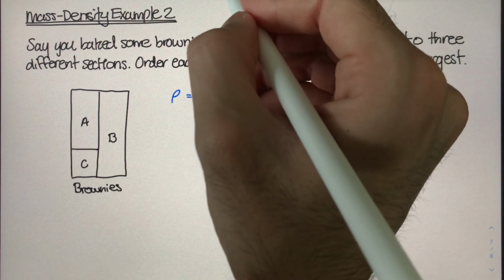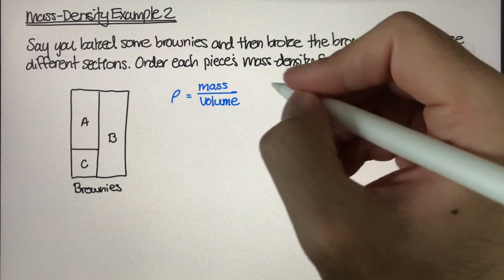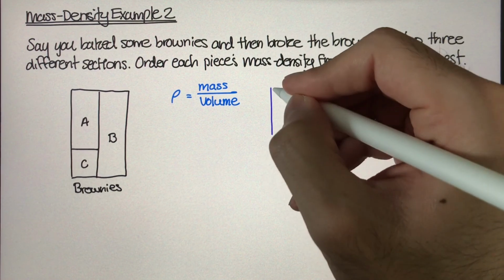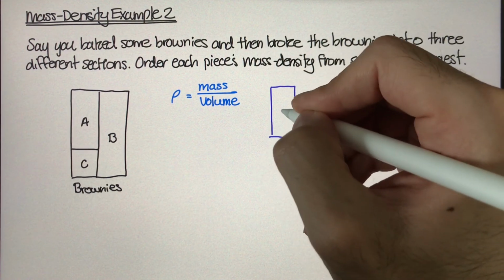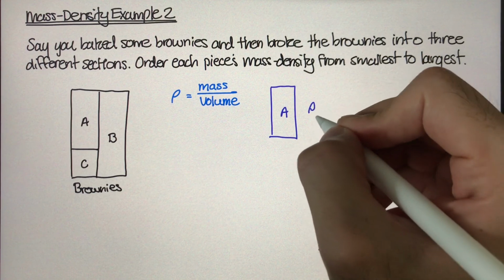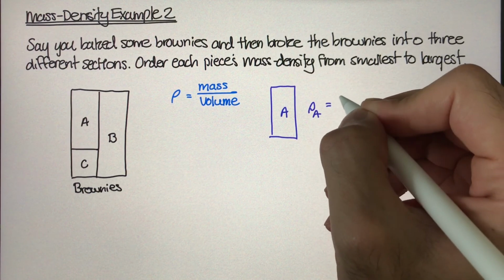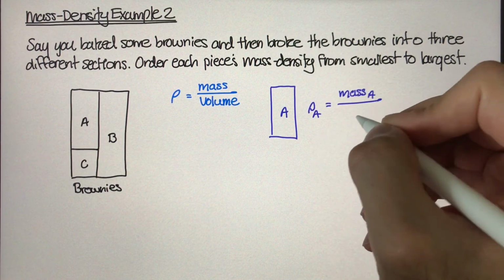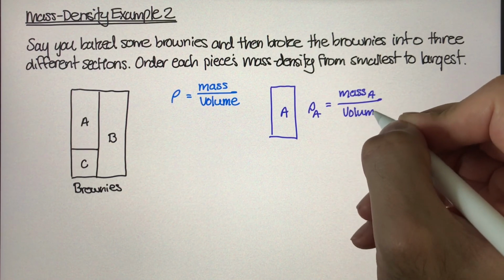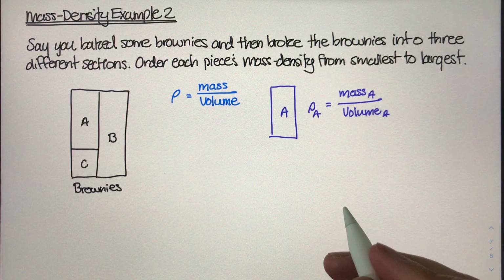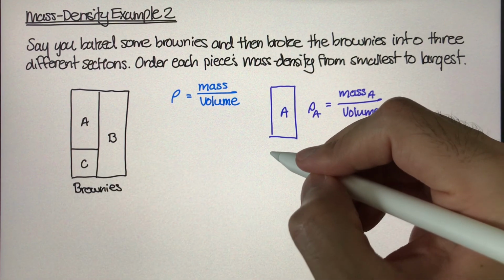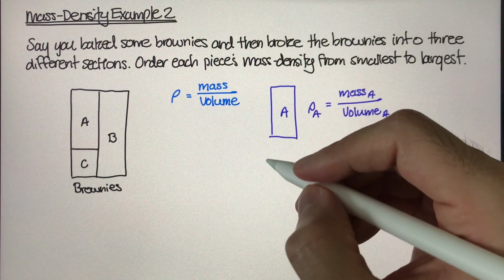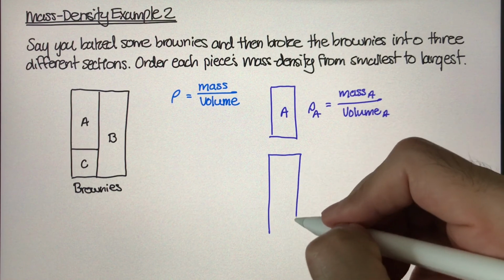So if we looked at piece A, and I drew piece A here, I could say that the mass density of A is equal to the mass of A divided by the volume of A, right? And if I did something similar for piece B, I could draw this right here.